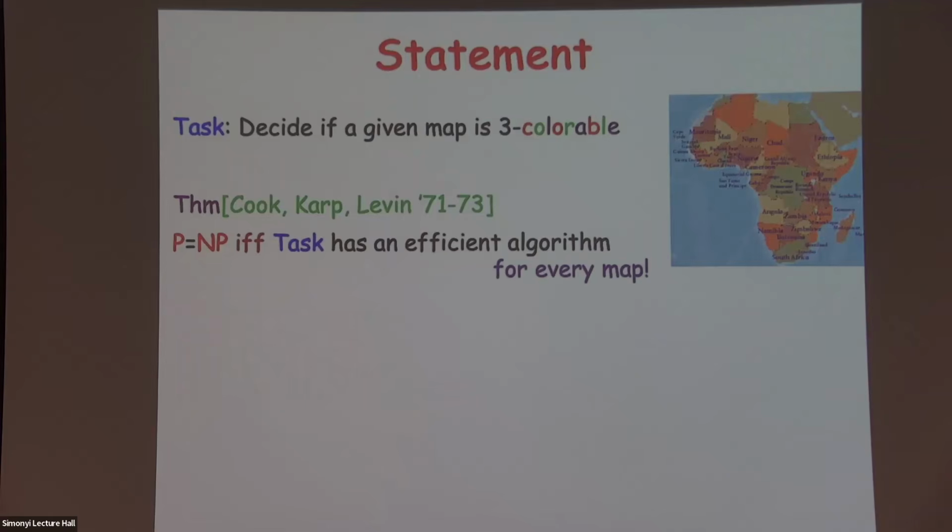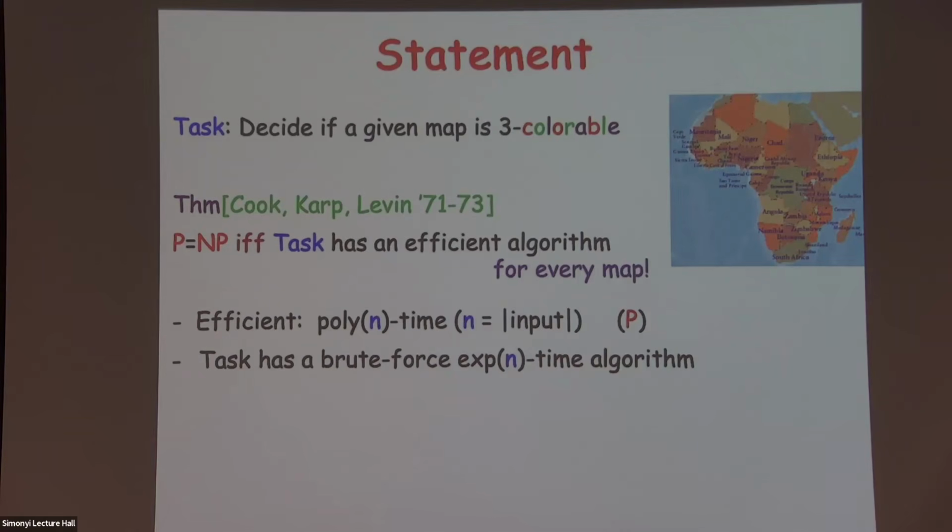There are several things to say. I said it, but I'll tell you a few things about the things that appear in this statement. P, the class P, is the class of problems solvable in polynomial time. That's the P part. I note that for this problem, the map coloring problem, there is clearly an exponential time algorithm, right?